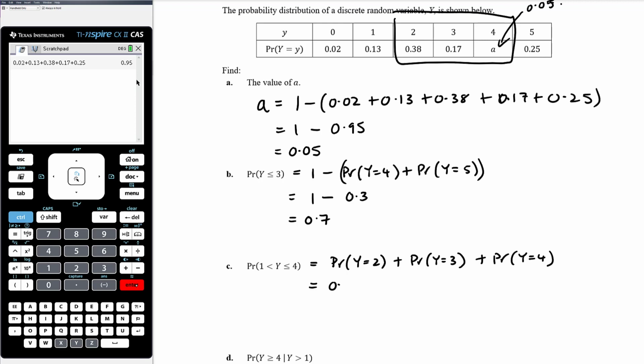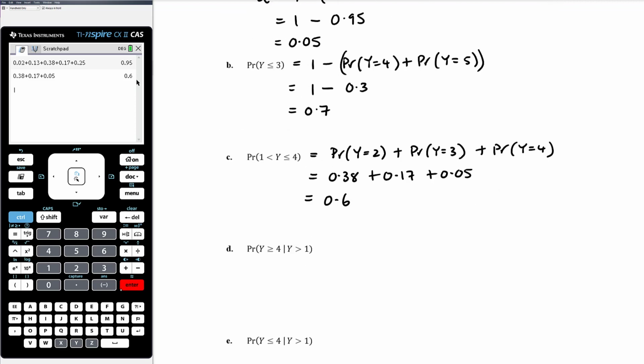That is 0.38 plus 0.17 plus 0.05. You should be able to add those decimals in your head. 0.17 plus 0.05 is 0.22, and then 0.22 plus 0.38 is 0.6.